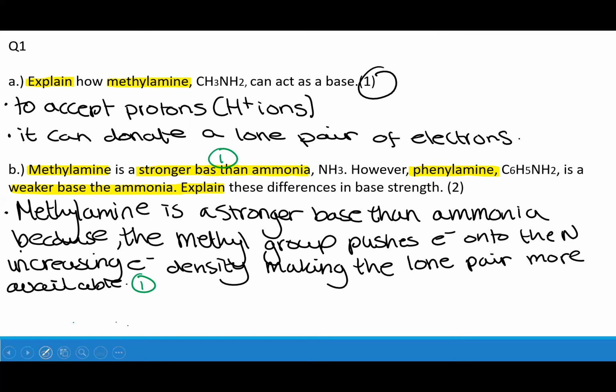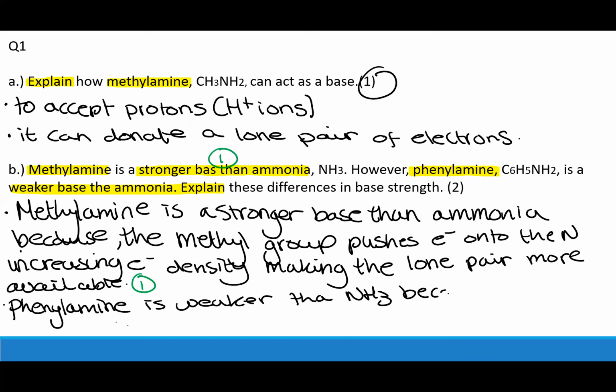Now we need to explain why phenylamine is a weaker base than ammonia. Again, you need to make it really clear which molecule we're talking about. So now I'm going to say phenylamine is weaker than ammonia because the lone pair is less available. Now you need to explain why. Just saying it's less available isn't good enough. Like the top one, we explained why it's more available. This time you say why.